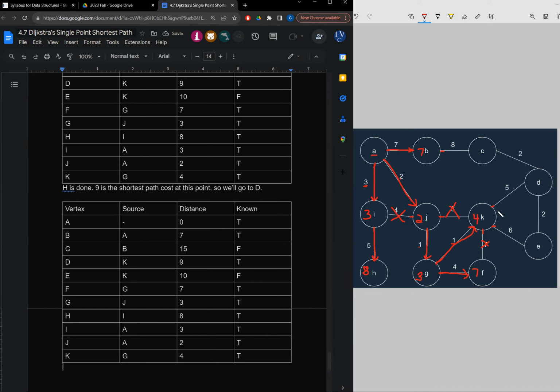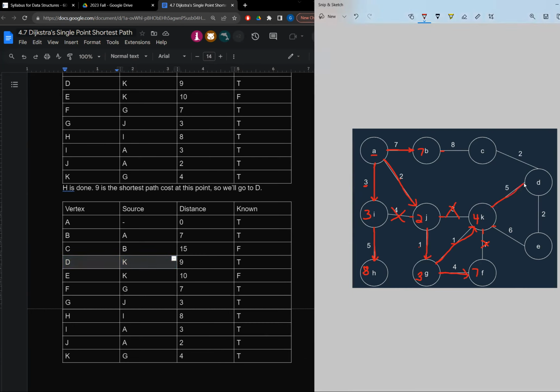All right, and we get to D via K. So we'll build out that. To get to D, it costs 9. So we now have 2 edges here. It costs us 11 to get to C via this circuitous route, but that is an improvement.